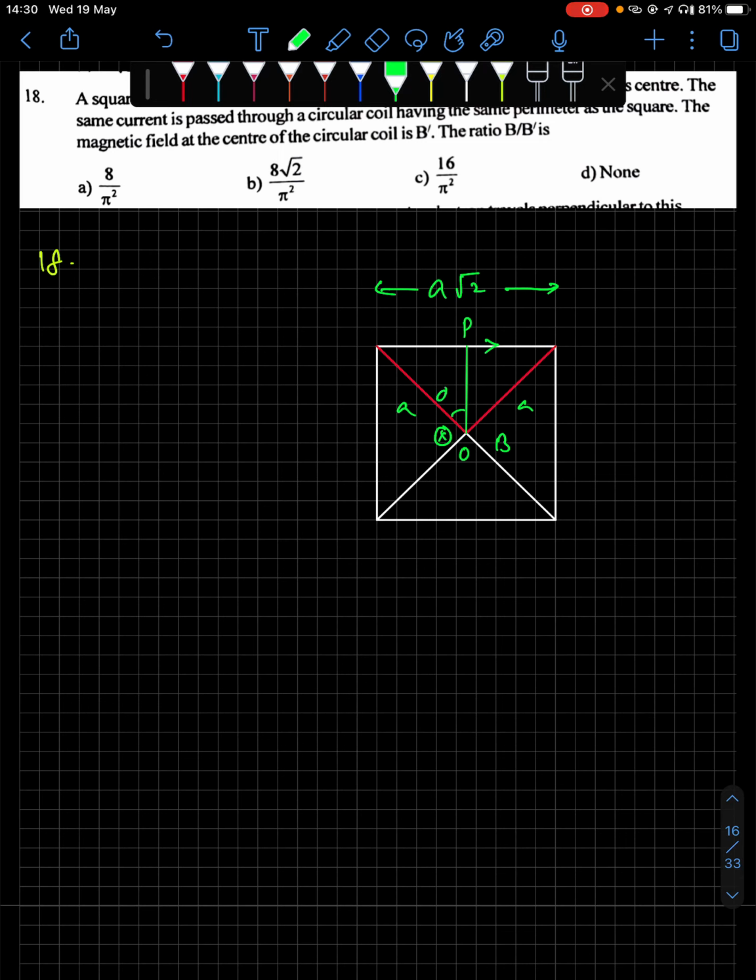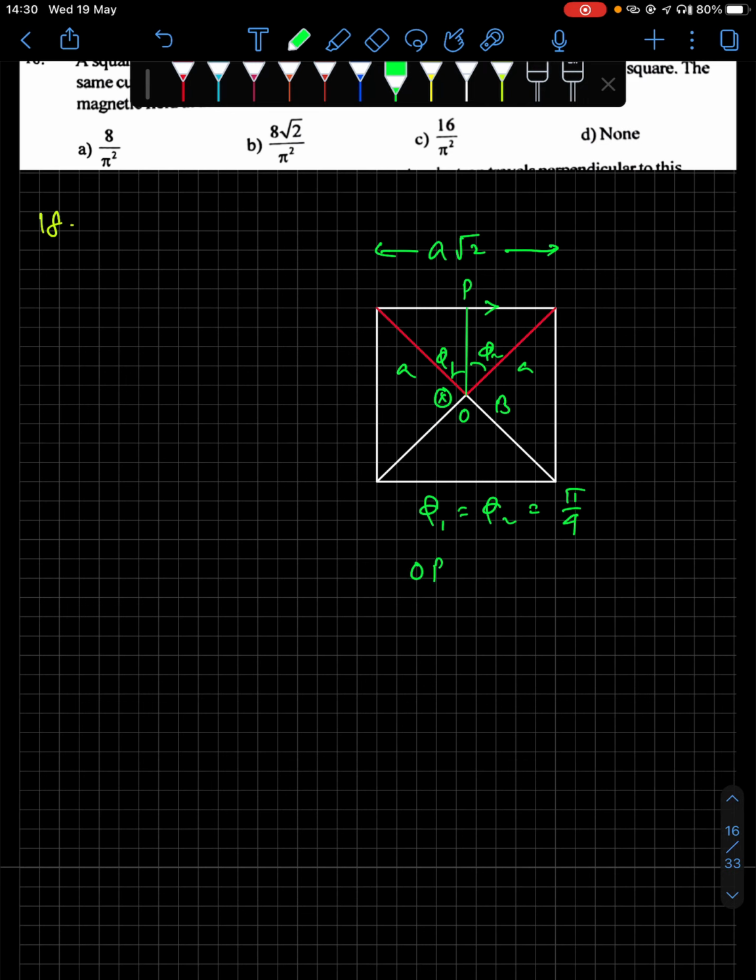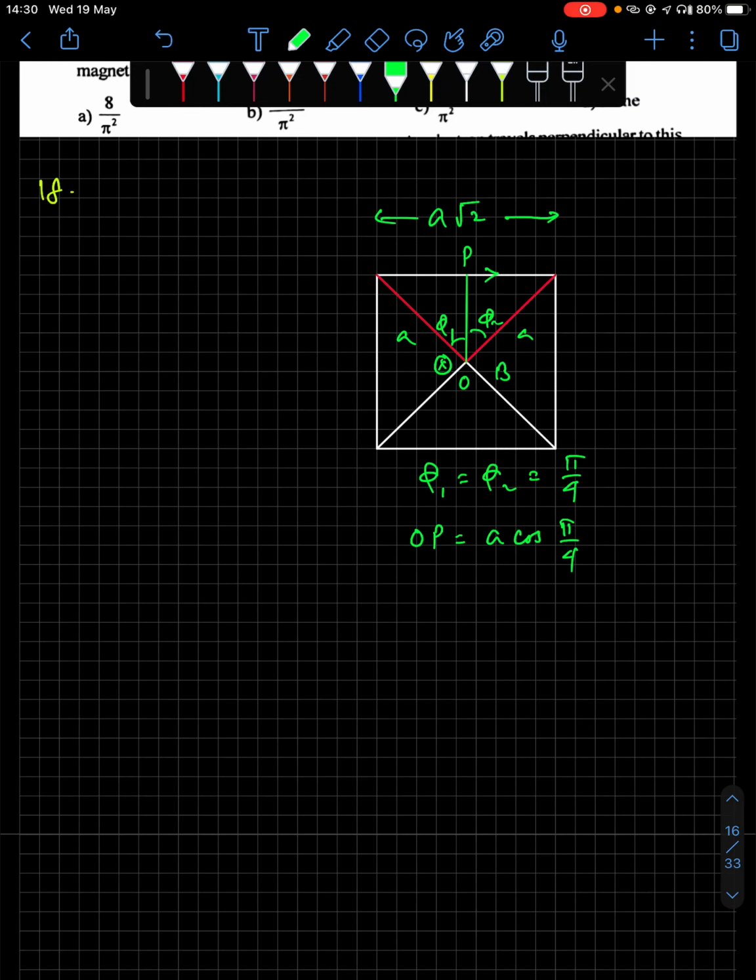Now these angles phi 1 and phi 2 are 45 degree each, right? So phi 1 equal to phi 2 equal to pi by 4. Now this length OP is A cos 45. I hope this is clear. A cos 45, that is A into 1 by root 2. Clear? A by root 2, that is.